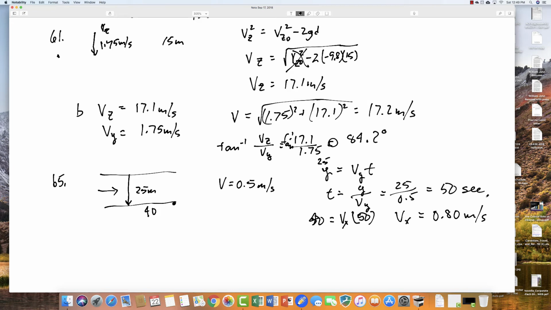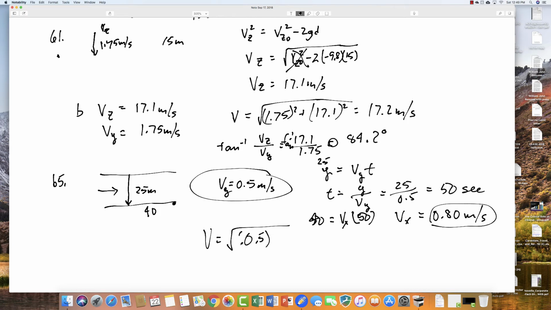It says what is the speed with respect to the ground. So his speed is actually going to be the combination of this y component and this x component. So his actual velocity is going to equal the square root of 0.5 squared plus 0.8 squared.